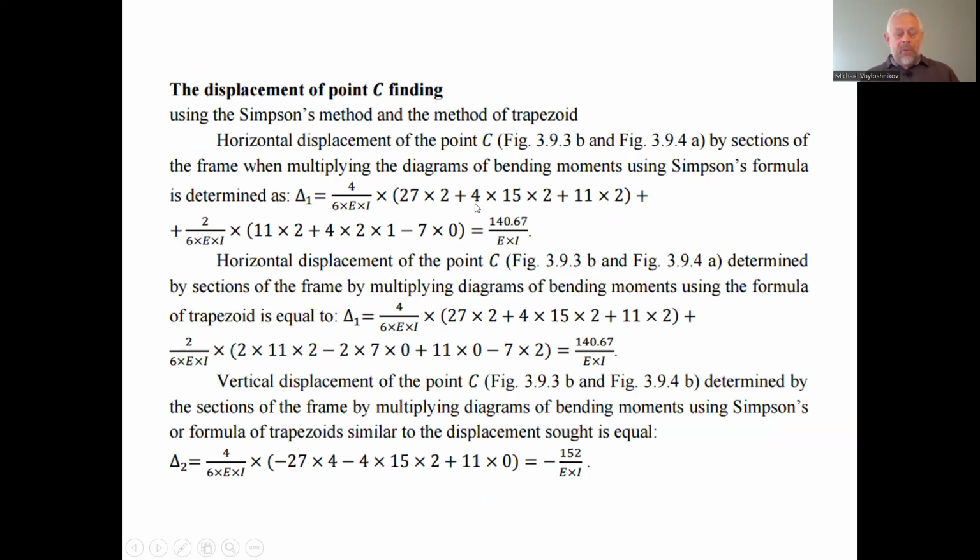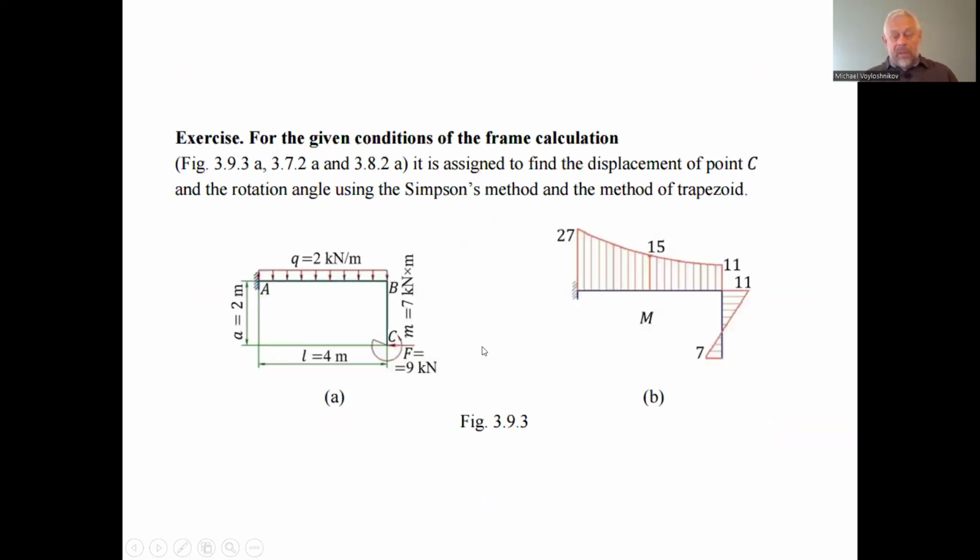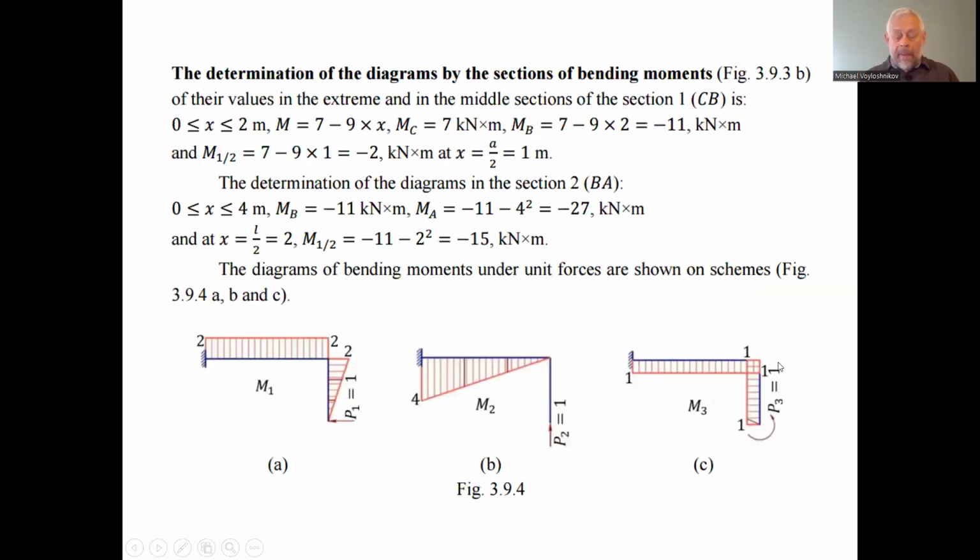The second is 4, the factor of the Simpson rule, 15 multiplied by 2. 2 is the magnitude in the middle of the diagram, and the magnitude of the bending moment diagram from the external force is 15 in the middle of the first element, AB.